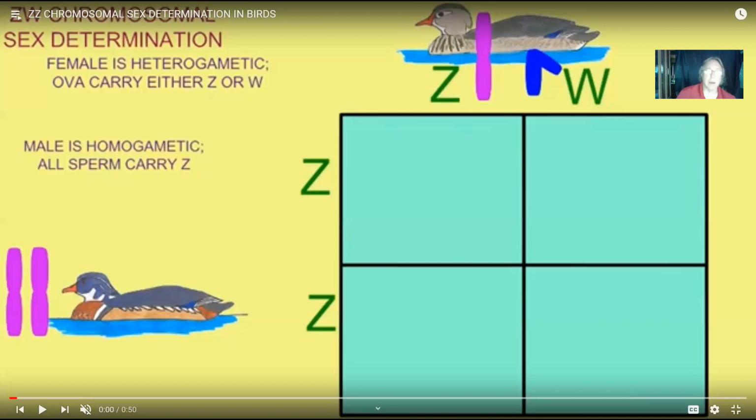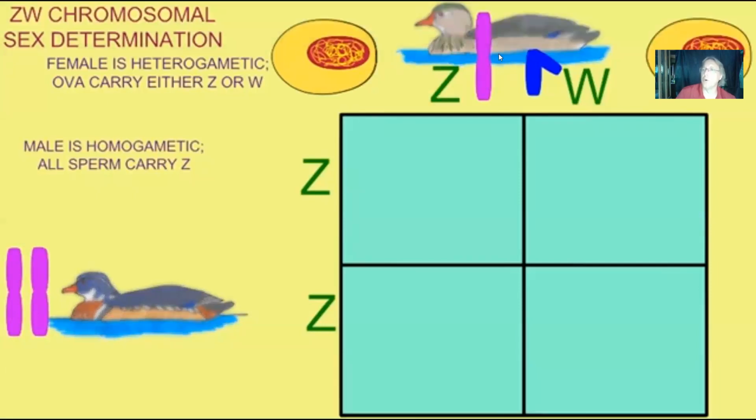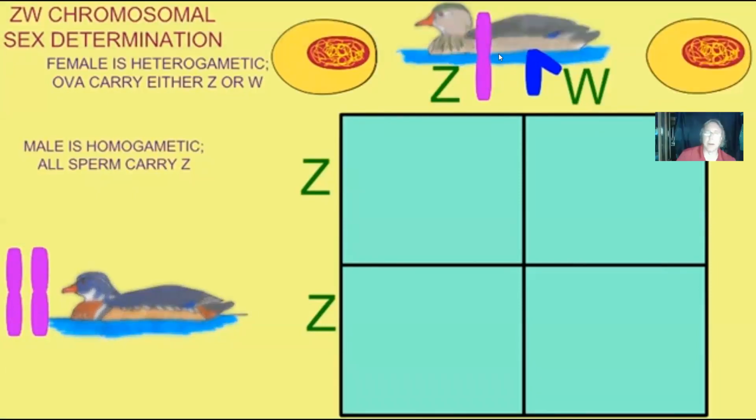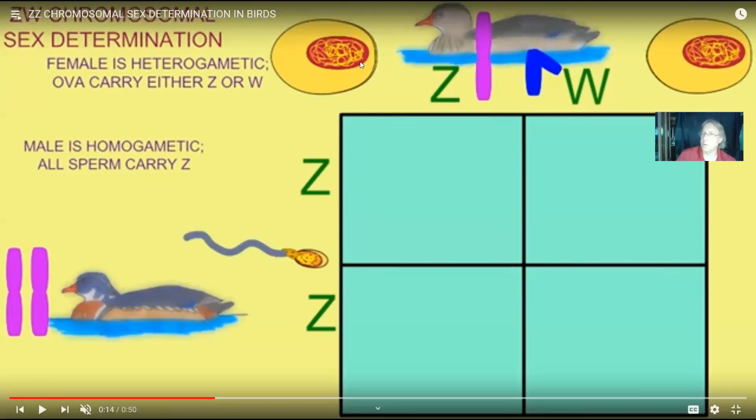When we talk about sex chromosomes in, say, humans or fruit flies, it is the males which are the heterogametic gender, being XY, and the females which are the homogametic gender, being XX. And by that, I mean, if you are homogametic, that means that all of your gametes have the same sex chromosome.